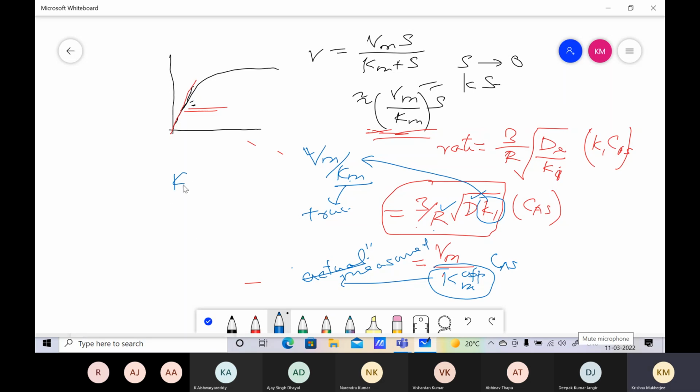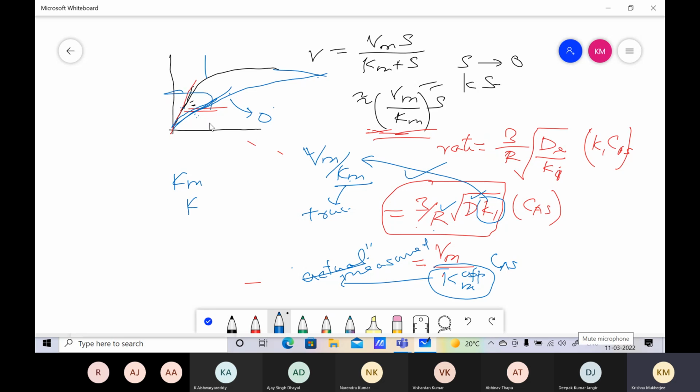So, the relationship between Km and Km apparent, because this reaction will now be like this. This is the true reaction. This is the observed reaction. And when you take the derivative on this and this, the difference between these two derivatives is really because of mass transfer impacts.